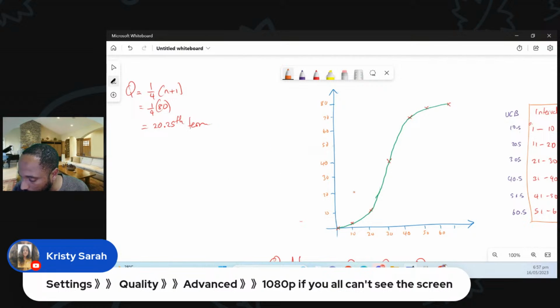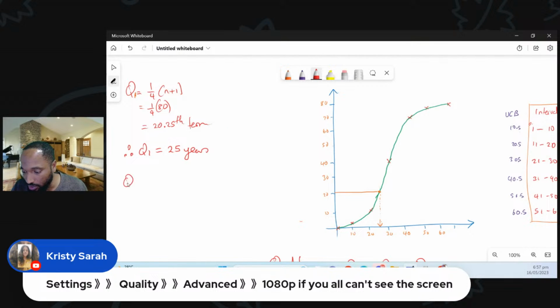So it is 20.25, you come across there, you touch the curve, and then you come down with a little dot. All of them are supposed to be dashed lines actually. So you see that Q1 is 25. And if it's years, you might put 25 years.